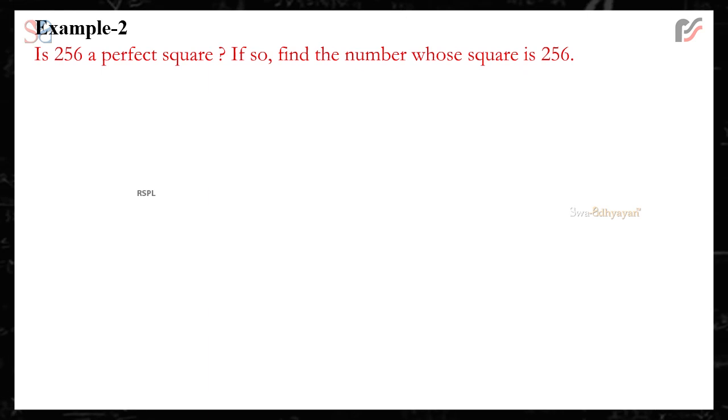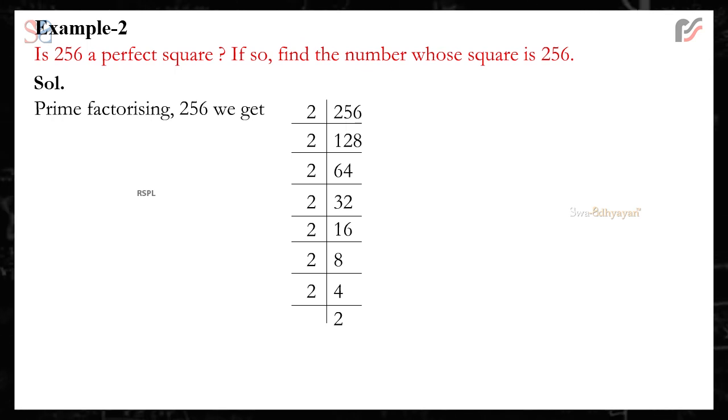Example 2. Is 256 a perfect square? If so, find the number whose square is 256. Solution. Prime factorizing 256, we get, here, dividing 256 by 2, we get 128. Dividing 128 by 2, we get 64.